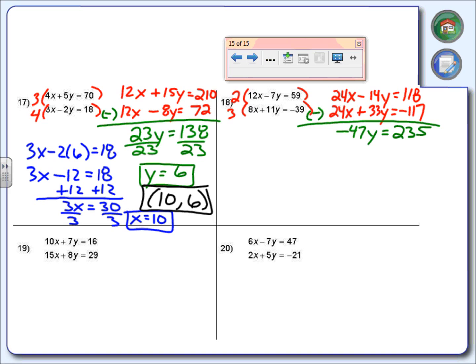Now we're going to divide by negative 47. So 235 divided by negative 47 is going to give us a negative 5. So we got half of our answer. We're going to take that negative 5 and substitute it back in for one of these equations. I guess I'll use the second equation.